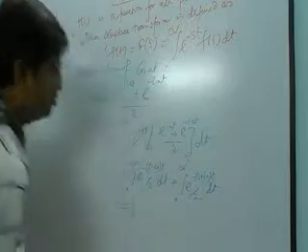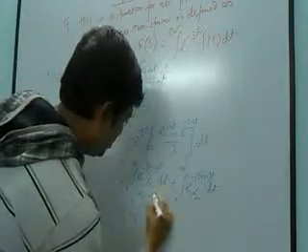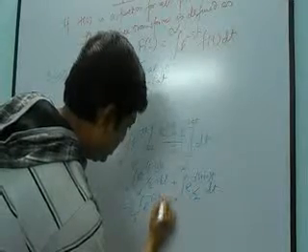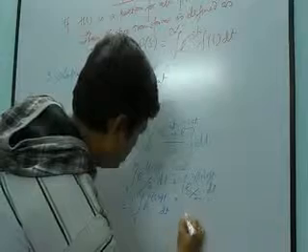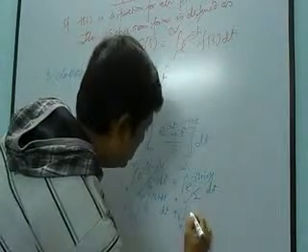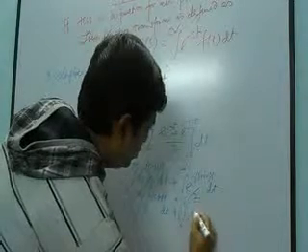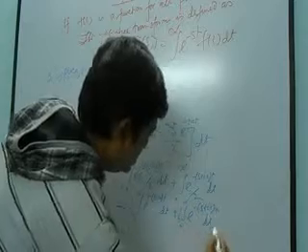Now half of the integration from 0 to infinity of e to the power minus (s minus ia)t dt plus half of the integration from 0 to infinity of e to the power minus (s plus ia)t dt.